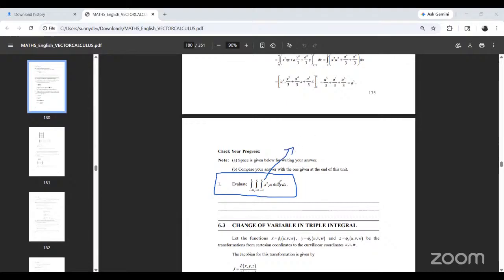First we have to do the integration with z. So these two will be constant. What are the constants here? x square y, and the limits are z equal to 1 to 2. What we are getting? z dz.